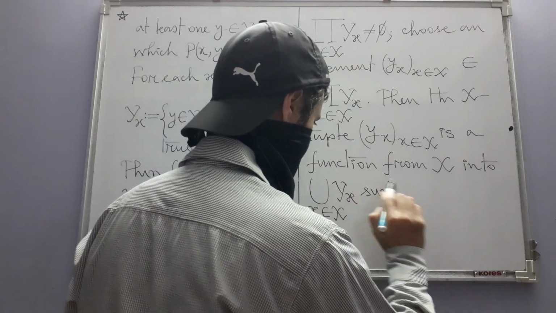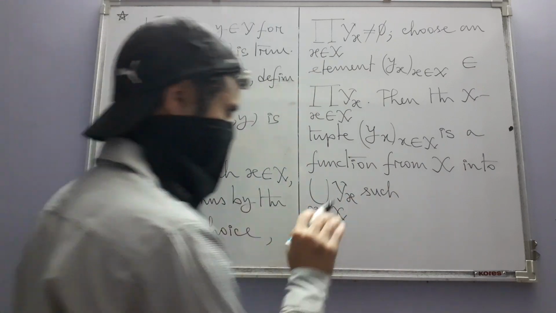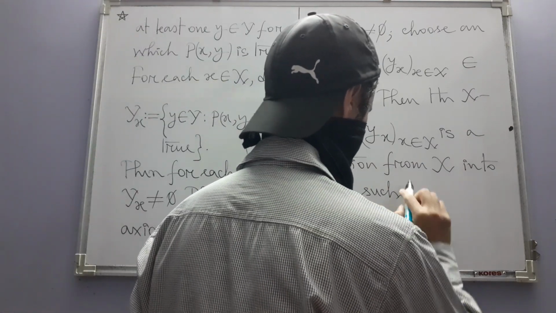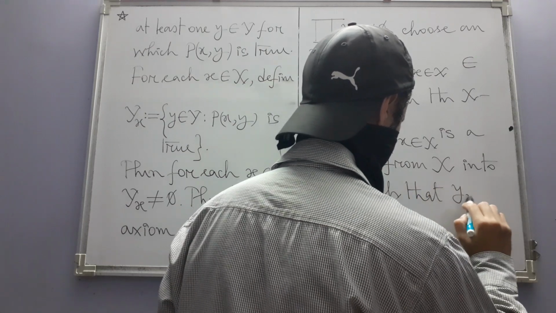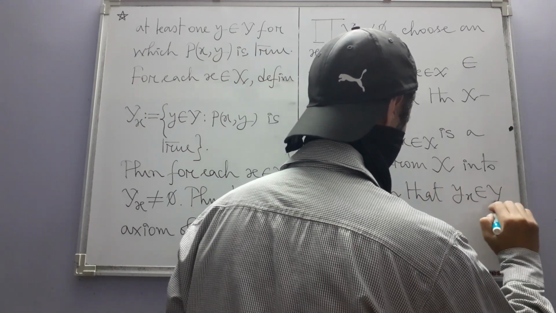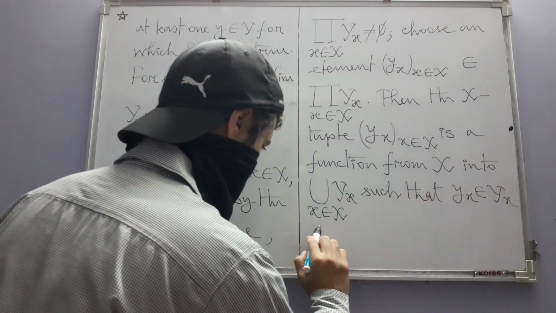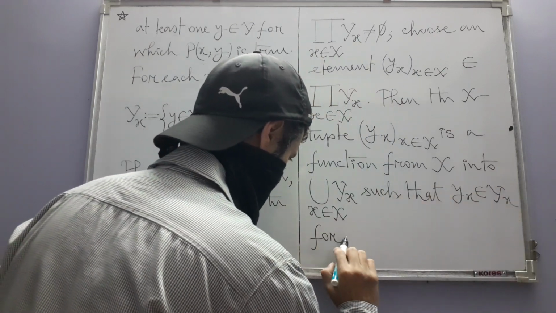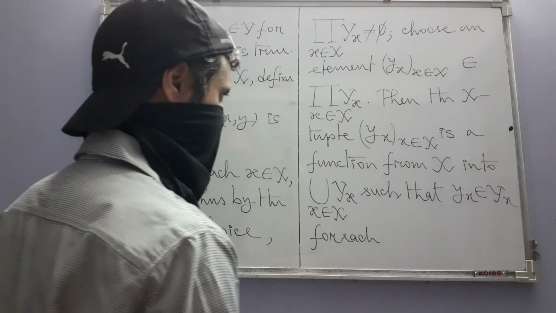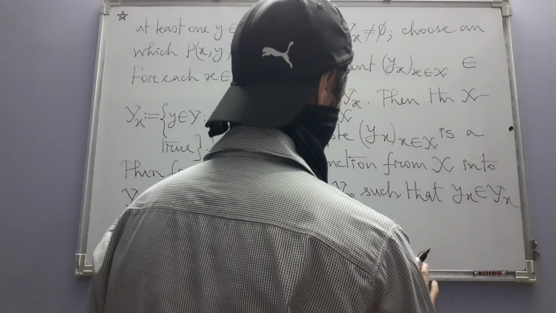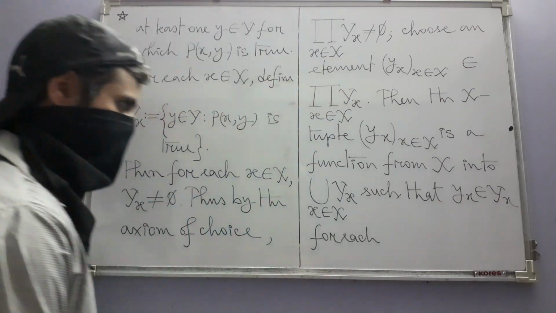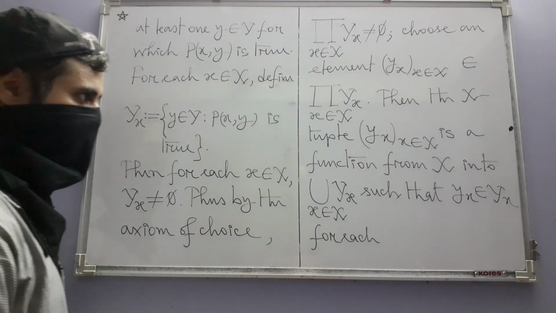Such that condition is in fact the main thing that we want to write, we want to mention here. Such that yx belongs to yx for each x. It would have been nice if I gave this function a name.